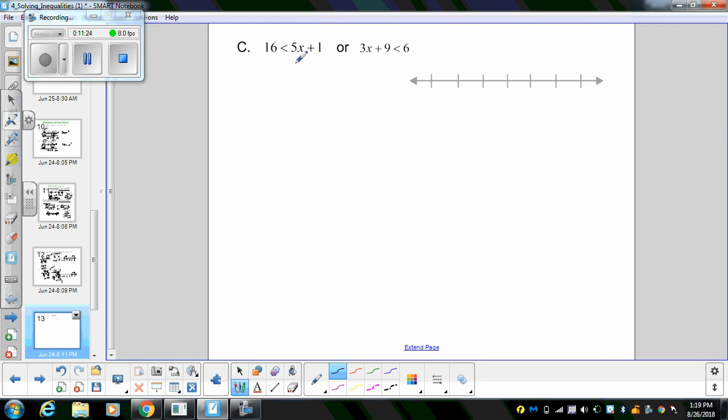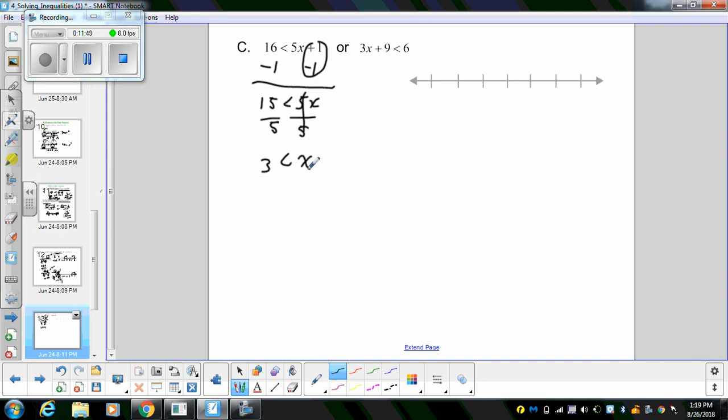Alright, so let's look at C. Again, I have to get rid of my constant, so I'm going to do the inverse of adding 1, which is subtracting 1. 16 minus 1 is 15, less than 5x. Then get rid of my coefficient, so I'm going to divide both sides by 5. 15 divided by 5 gives me 3.